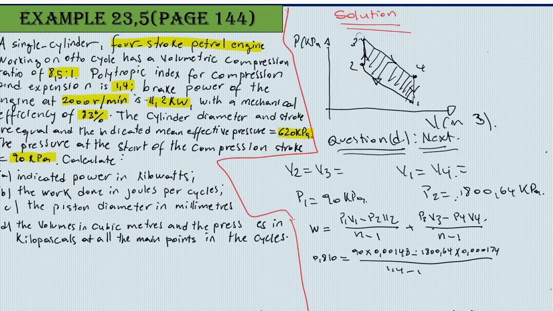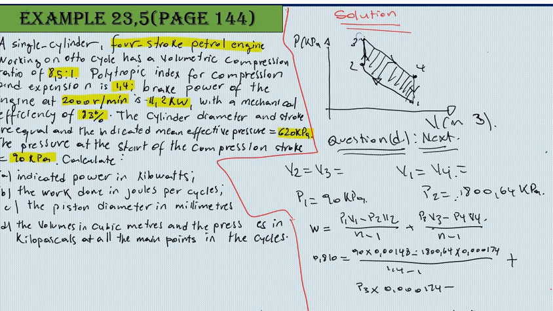I need to do the same for these parts here, so I need to say plus. I don't have P3 for now, so I'm going to leave it as it is, but I have V3, which is the same as V2. So V3 is also equal to 0.000174.